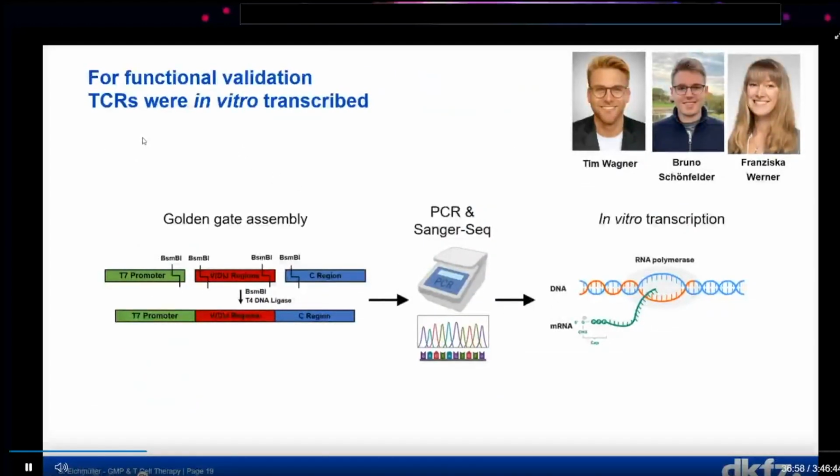Now, we want to go for functional validation, and as mentioned, we cannot continue with that one individual cell, but we can create TCRs based on the TCR sequences which we have identified, and produce now our own T cells, transfect them with these TCRs.